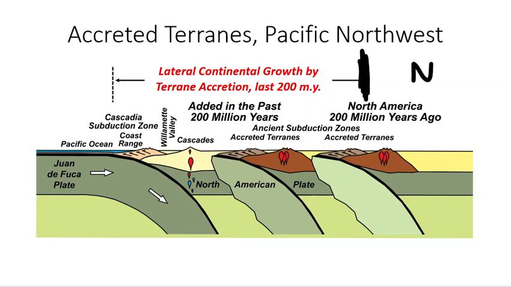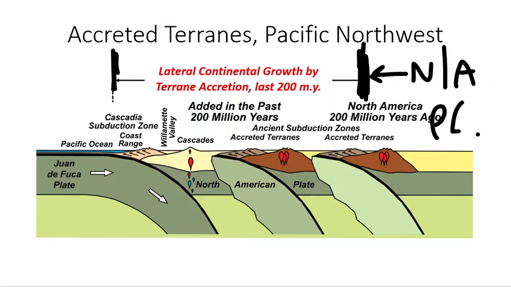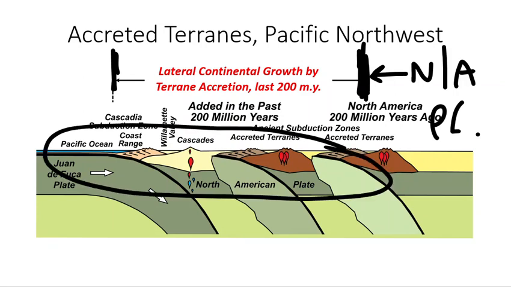So this is the North American plate. I'll just abbreviate NA plate. Before 200 million years ago, that was the very edge of the North American plate. And then just within the last 200 million years or so, all of this material was plastered onto the edge of the North American plate such that it grew westward by hundreds of kilometers just in the last couple of 100 million years.